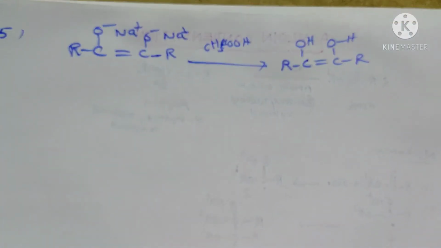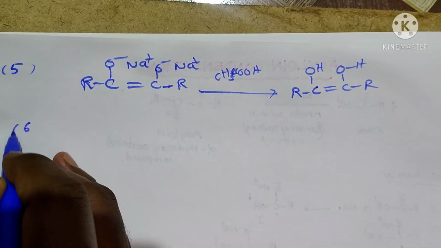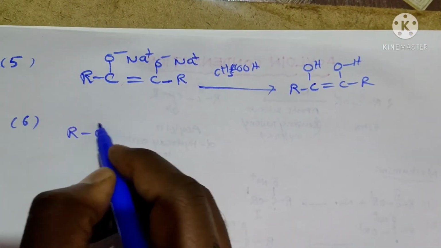So this is enediol. In the next step, this enediol undergoes tautomerism and we get the acyloin.